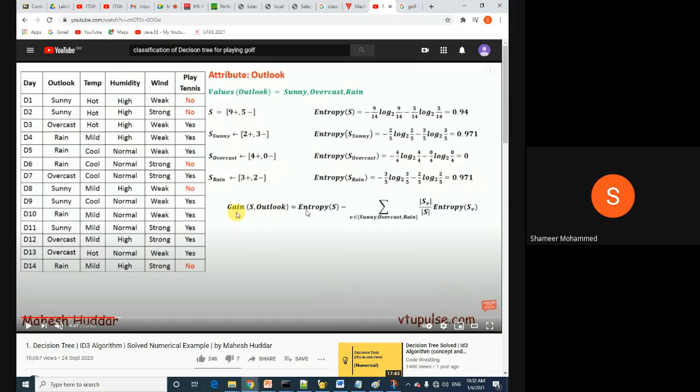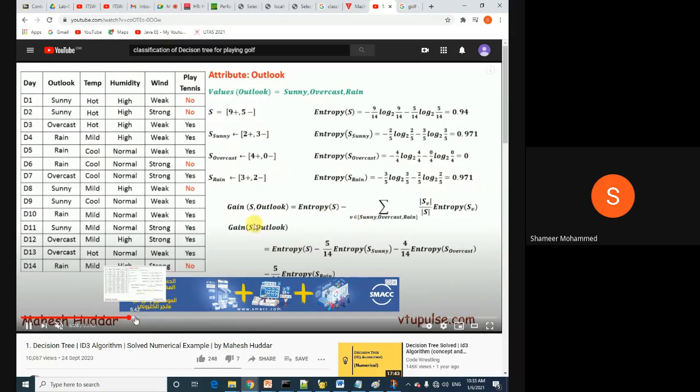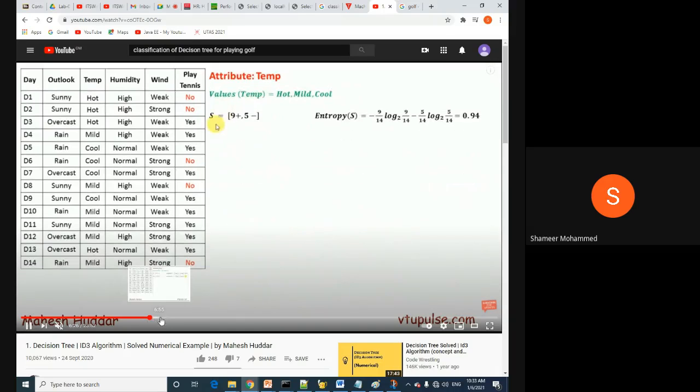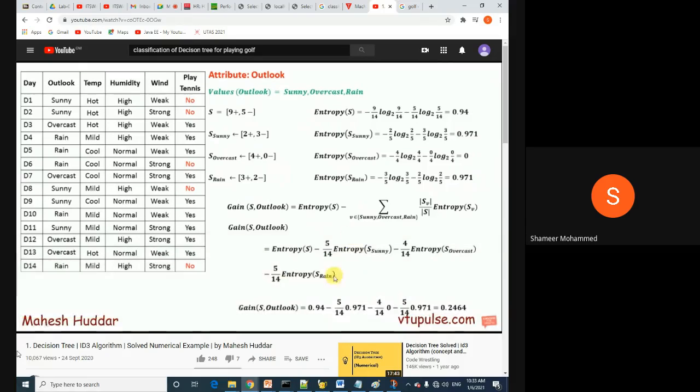Outlook is equal to, you can substitute and then you will get the values as this. Final result: 0.2464. This is for outlook.